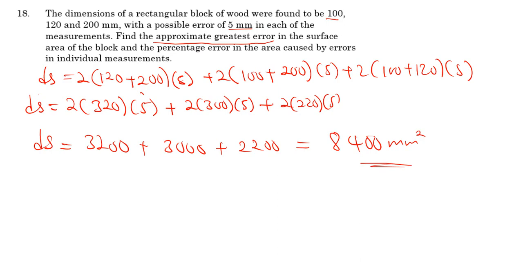So now here we have to find the initial surface area. What was the initial surface area? From our formula for the surface area, you have 2 there, then you replace the values here. So it's xy, so the 100 multiplied by the y is 120, then I add 120 multiplied by 200 since it is YZ, plus then the next one that follows is the 100 multiplied by the 200, since it is XZ.